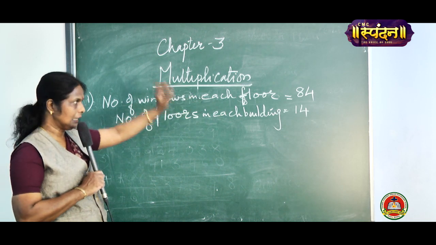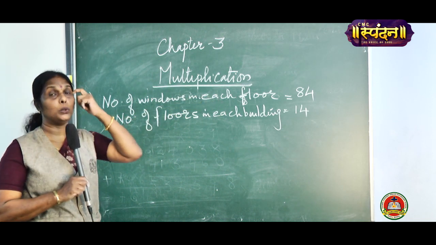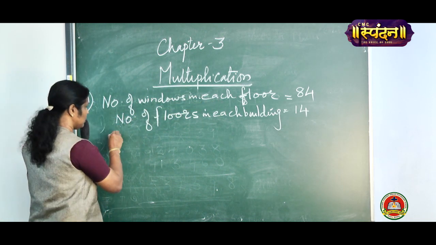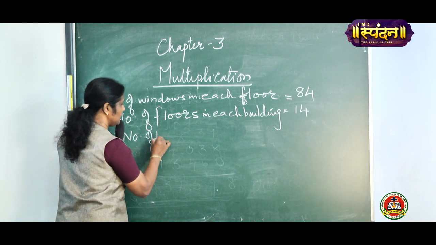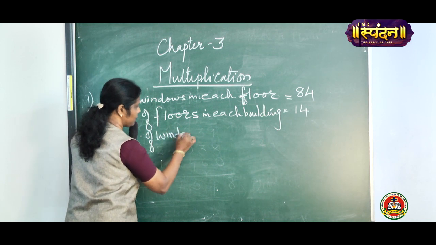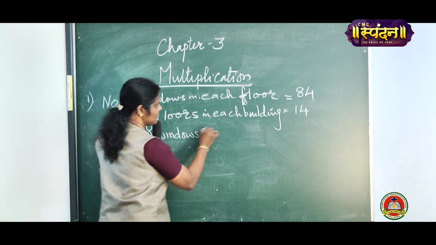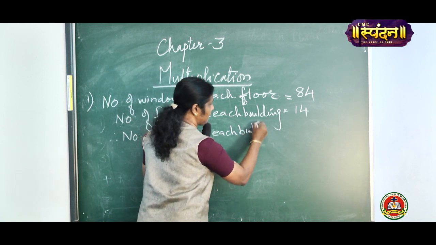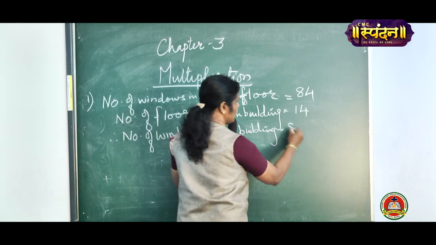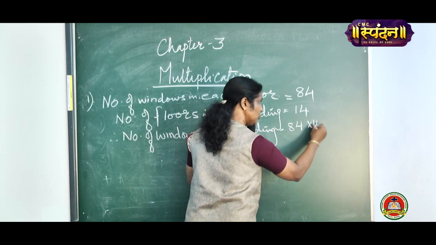So in each building how many windows are there? That you have to calculate. So the next thing to find is the number of windows in each building, that is equal to 84 into 14.